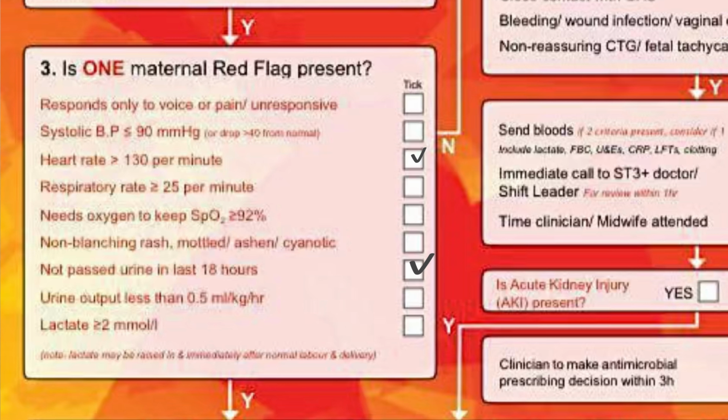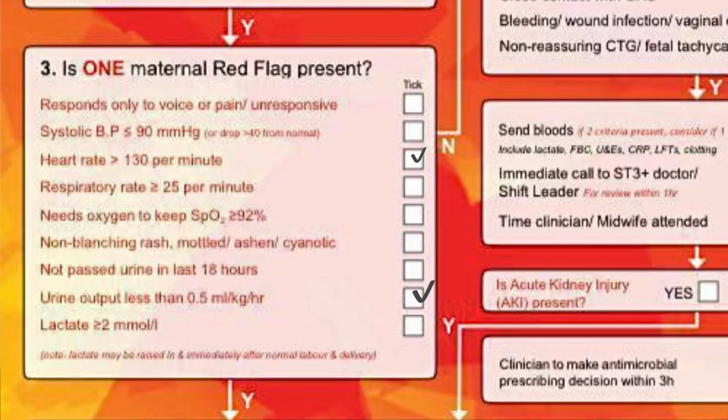So let's say in my scenario, my patient passed urine 5 hours ago. Then I wouldn't take this because this is saying 18 hours ago. Moving down, you say urine output less than 0.5 mils per kilogram per hour. Very interesting. My patient told me that she passed probably around a liter because she did pass a lot.